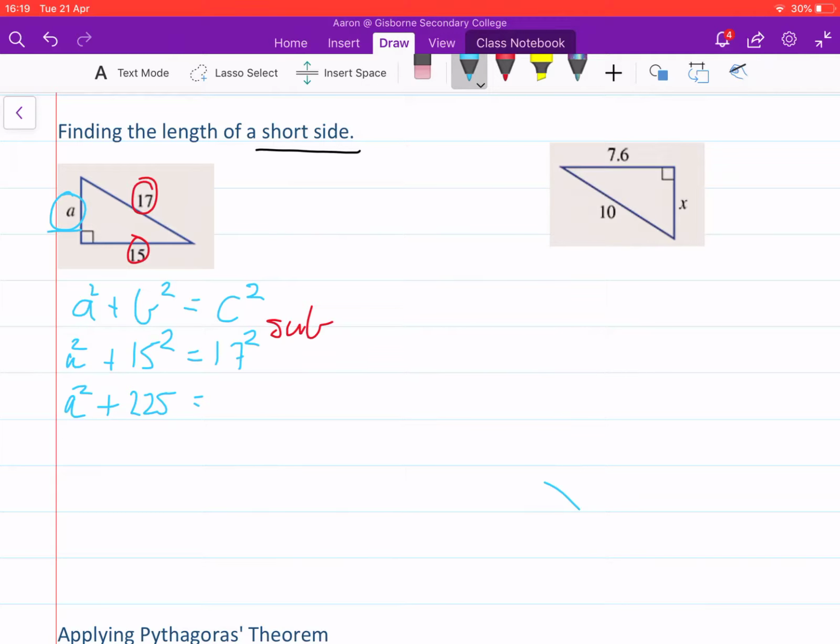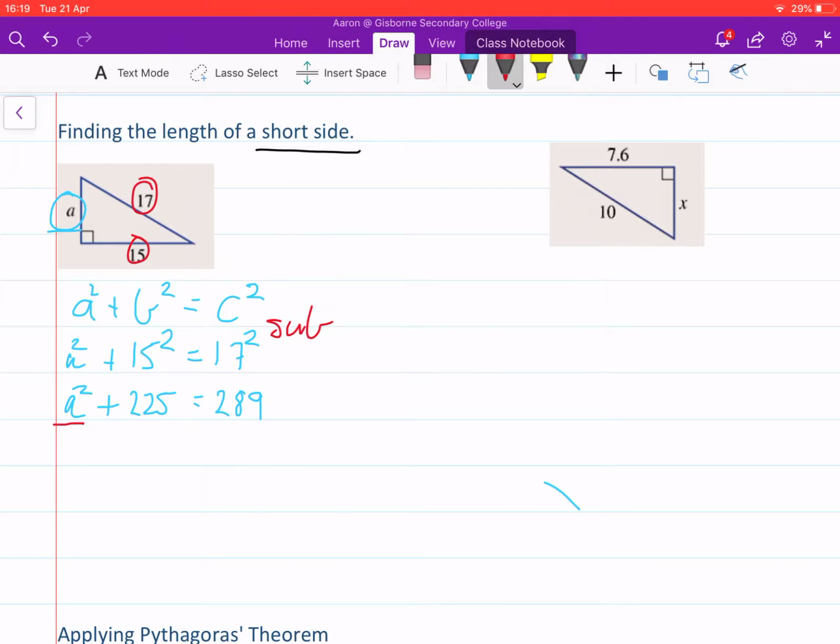and 17 squared is 289. Alright, so algebraically it's fairly simple what we do. We want to get A by itself, so we need to take everything away from that.